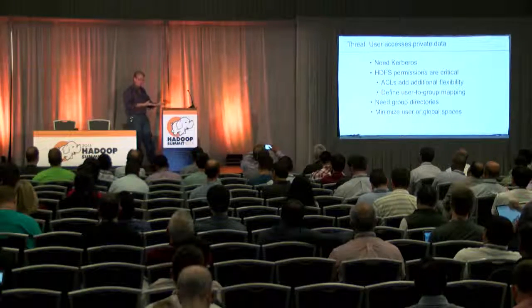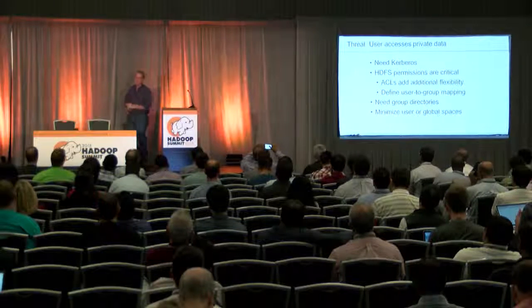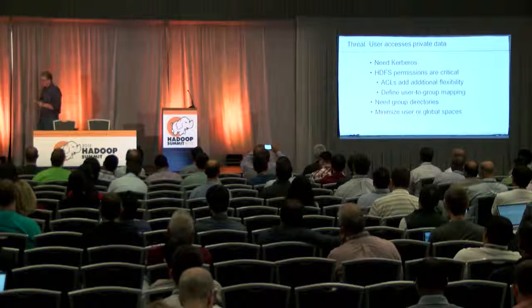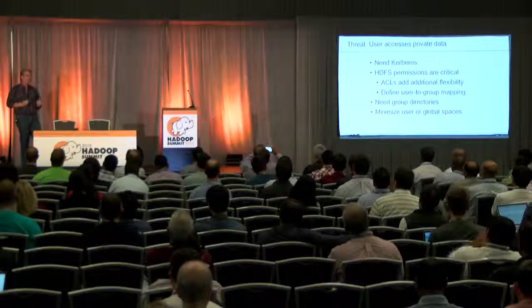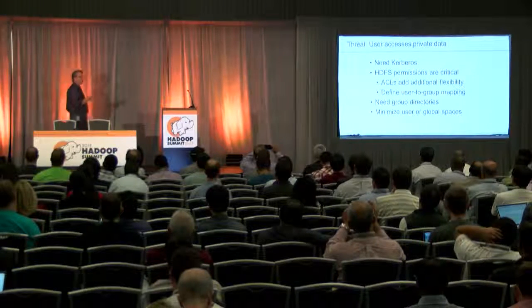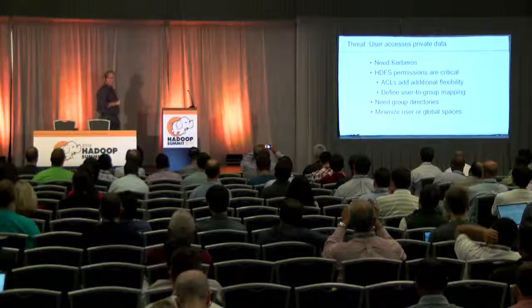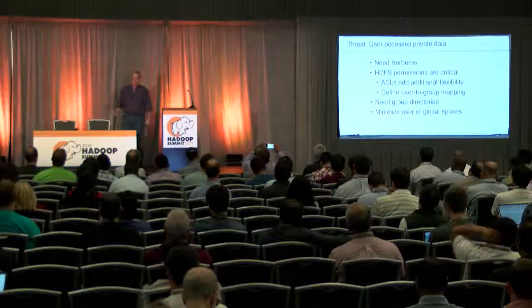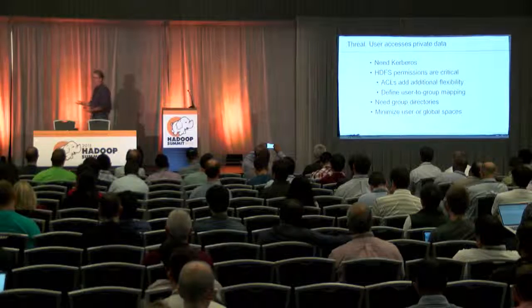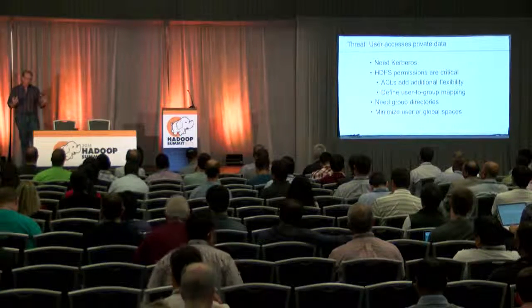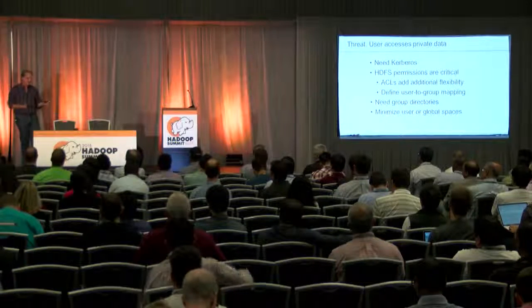So then we did the work to secure Hadoop, and we added Kerberos. Kerberos is a strong two-way authentication, so that you're both sure that the user is who they say they are, and you're sure that the server is who they say they are. So that is important, so that, for example, someone can't start up a fake data node in the cluster because it'll try to connect to the name node, and the name node will say, hey, you're not a real data node, go away.